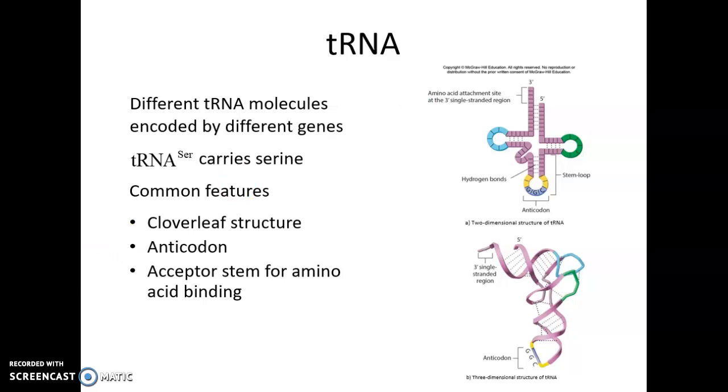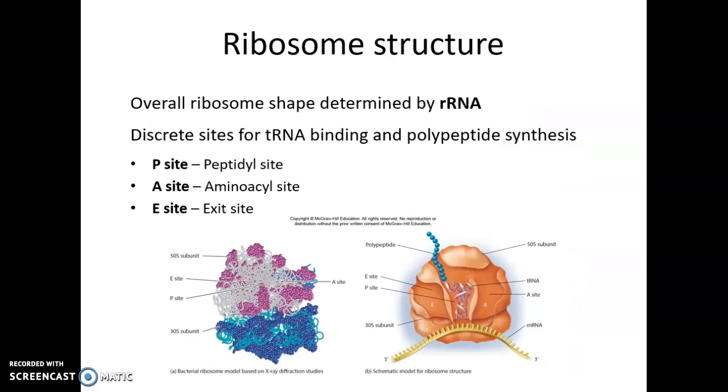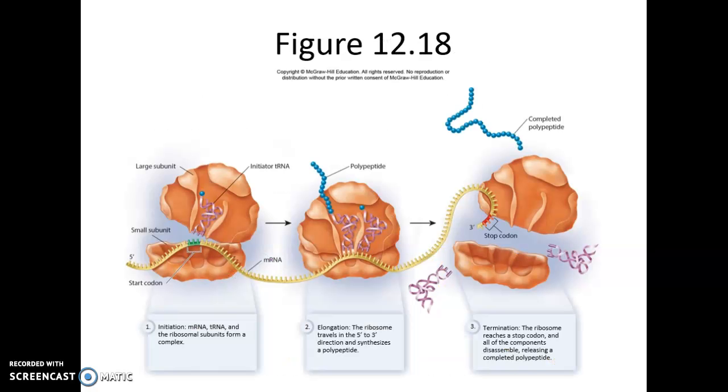The other player in translation is the ribosome. And the ribosome has two different units in it, and we'll see that in this slide here, perhaps a little bit better. It has a large subunit and a small subunit.